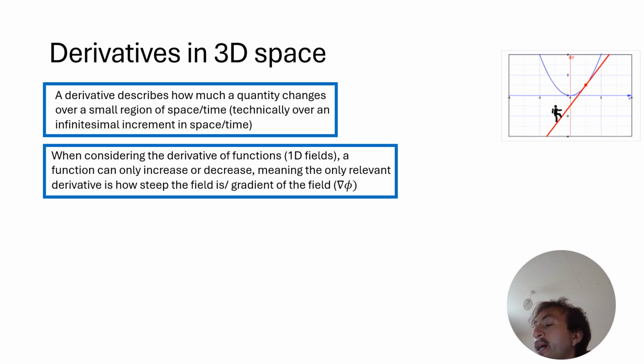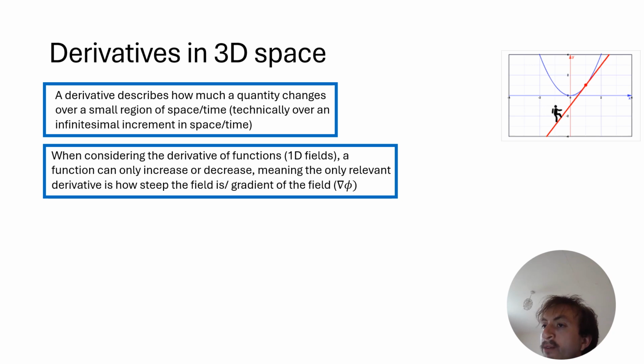Now, if the output, the thing we're interested in, has more than one component, in other words, the output doesn't return a number, it returns a collection, or in computer science language, a tuple of numbers, in other words a vector, for example the electric field, which has at each point in space a vector describing this field, then we can do more.